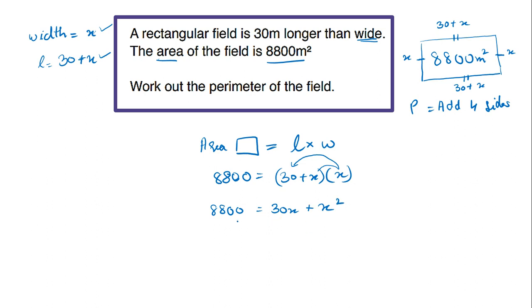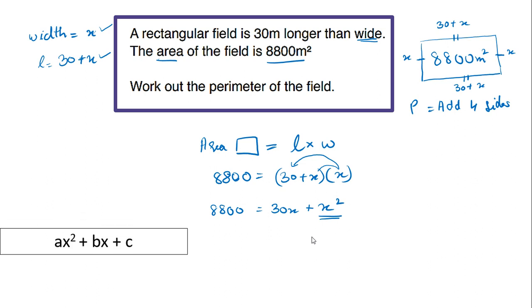Now, the moment you see an equation like this that consists of an x squared, it should strike you that this is a quadratic equation. And once you figure out that this is a quadratic equation, you need to rearrange it in the general quadratic format, that is ax squared plus bx plus c, which means I've got to rearrange this entire equation so that my x squared comes first.